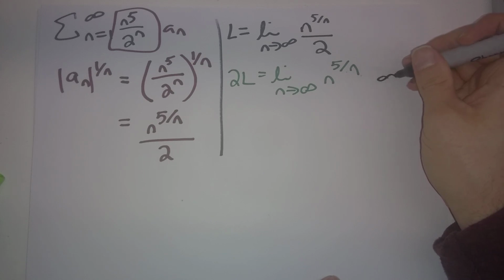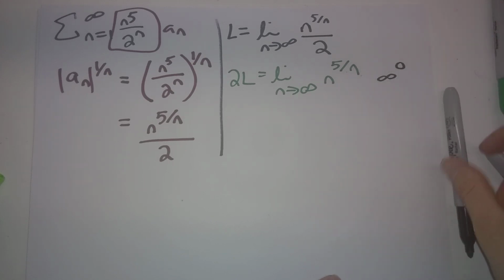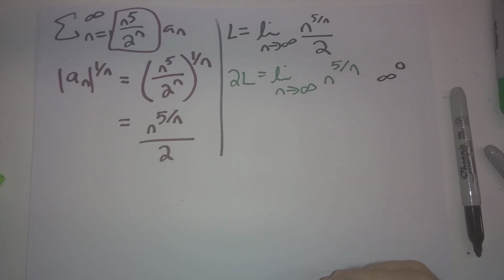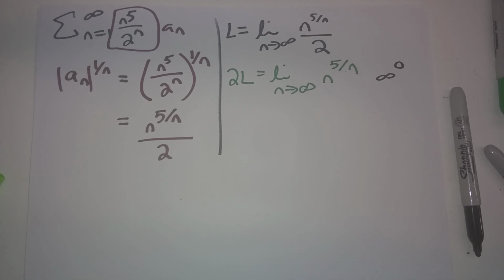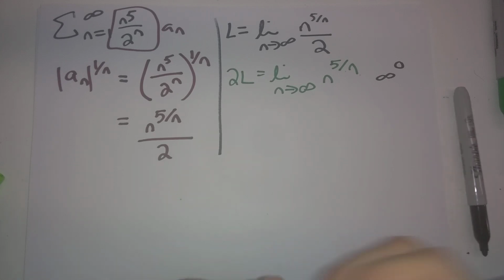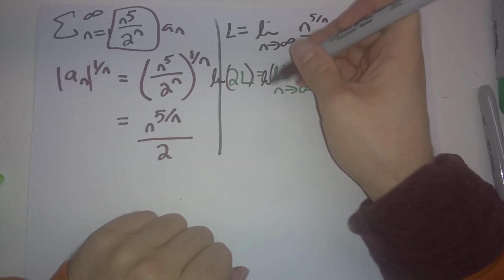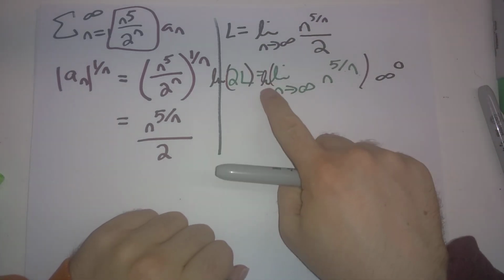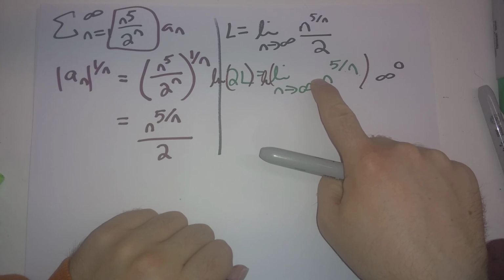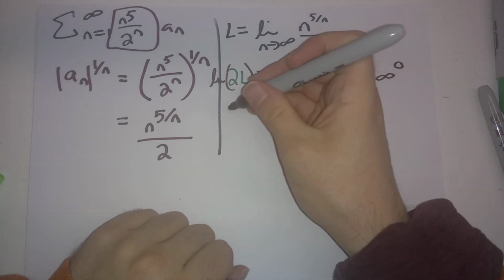So we have an infinity to the 0 indeterminate form. So whenever we have one of these exponential power indeterminate forms, we should think very much about taking the natural log of both sides here, because we can move that natural log inside our limit and bring down the exponent.